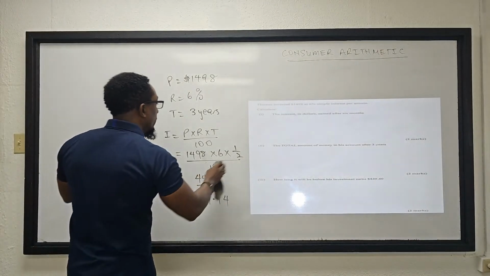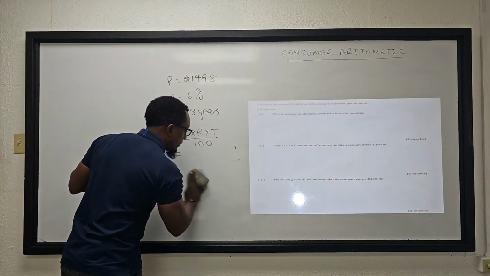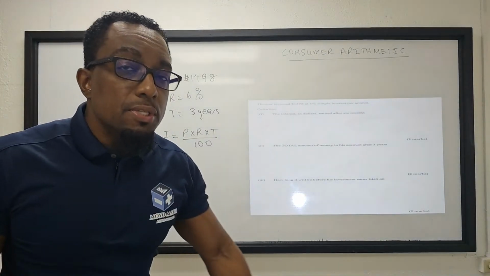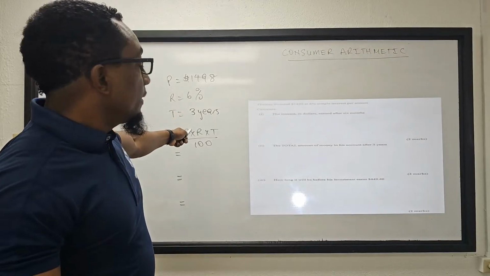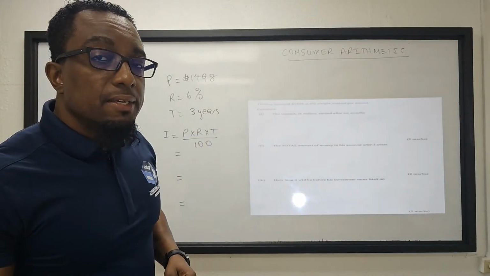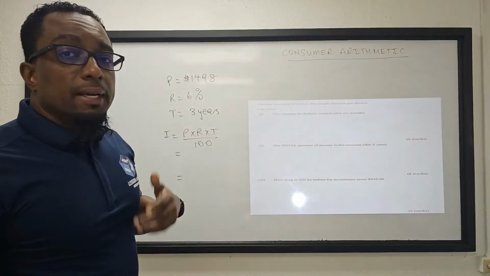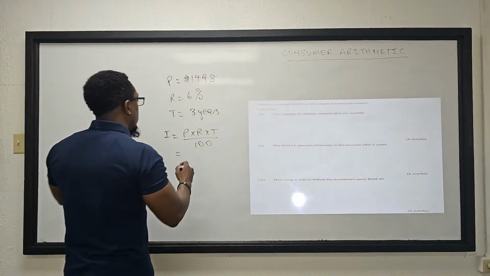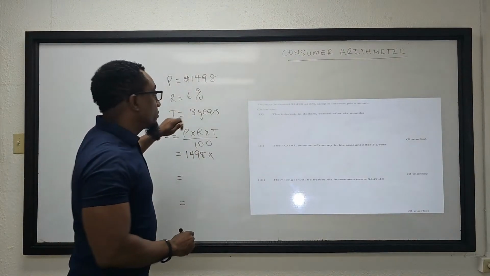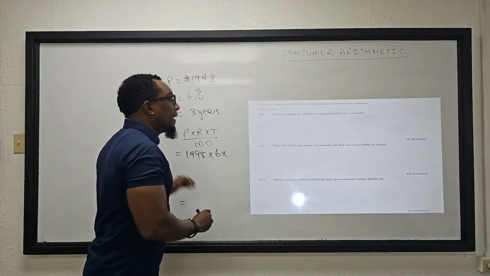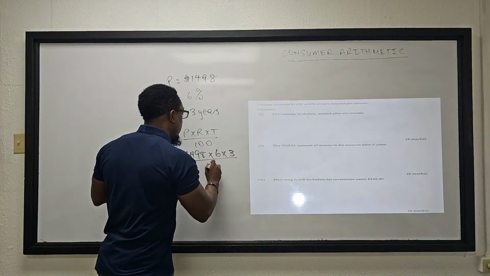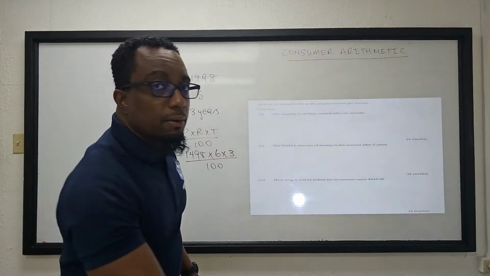So what we need to do is first calculate the interest on this $1,498 invested. Our interest will be the principal, which is 1,498, by the rate, which is 6%, by the time, which is 3 years, all over 100. When we work that out, what are we going to get?